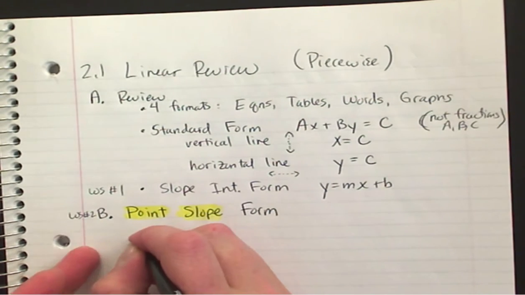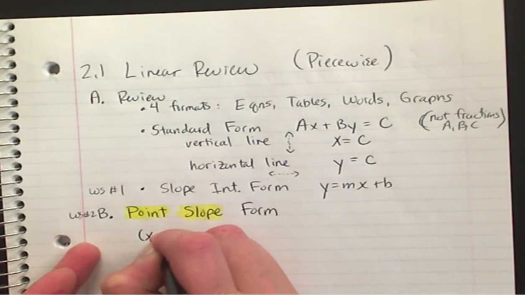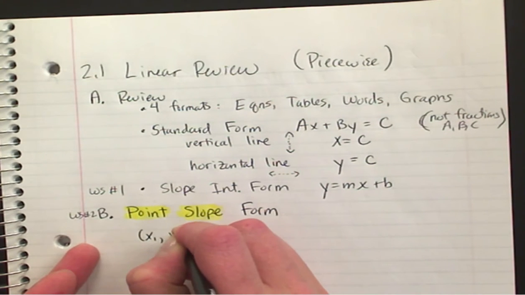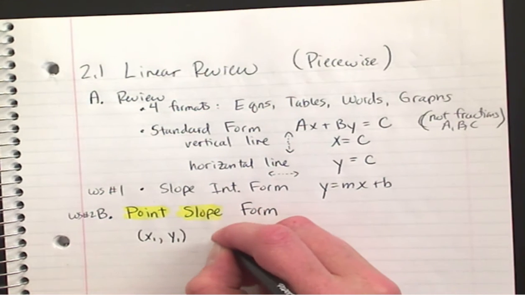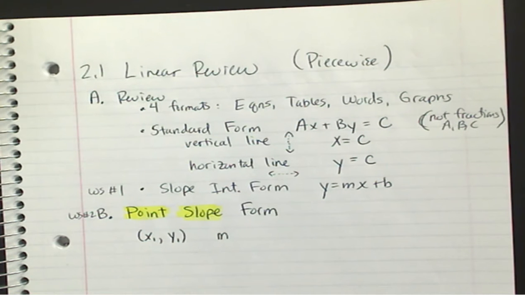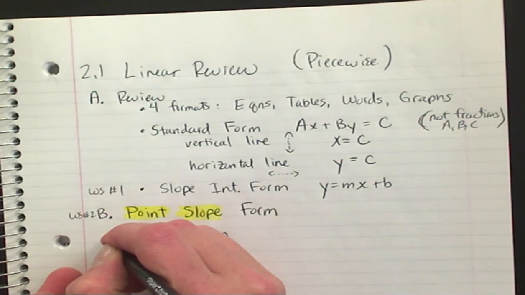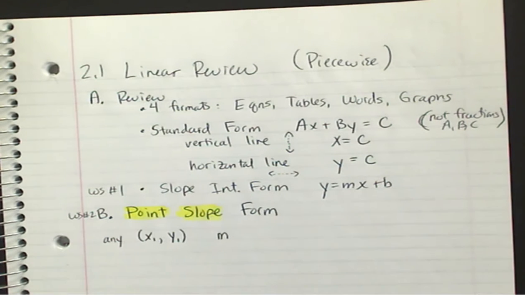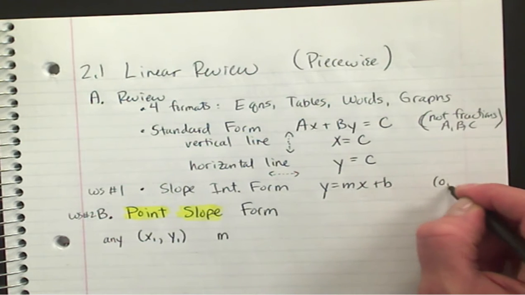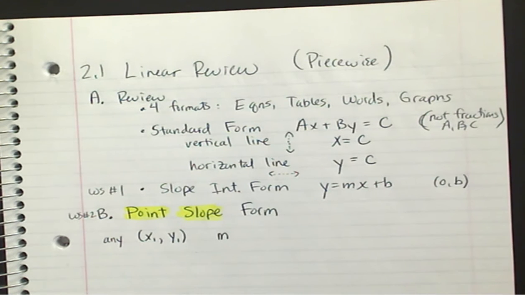I know, so fancy. I'm going to give it a subscript: point, slope, any point. Any point, not specific to the y-intercept. Right? This equation is only good for one point.